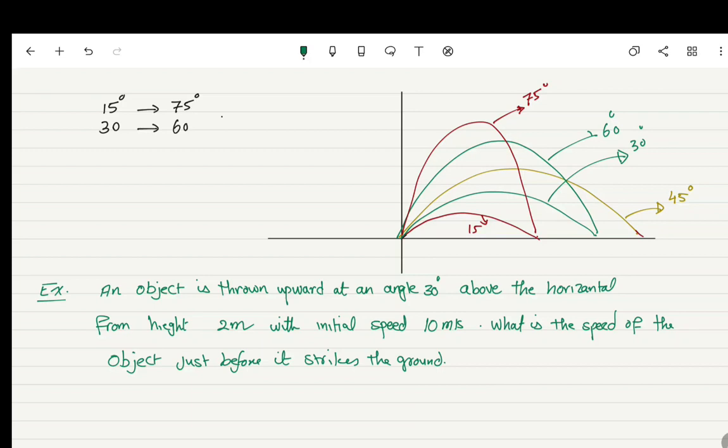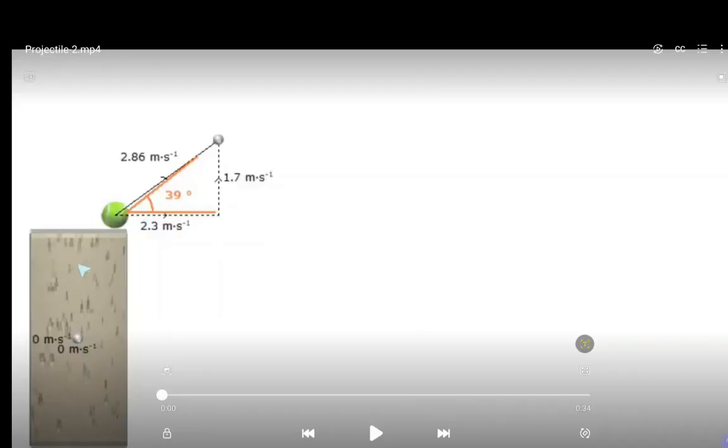Before solving this problem, let's have this model. This situation is similar to the situation in the example. This object is thrown with an initial velocity, as we can see here, and this is the y component of the initial velocity, and this is the x component.